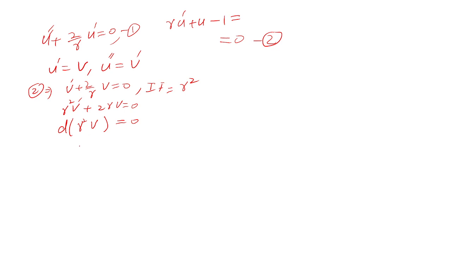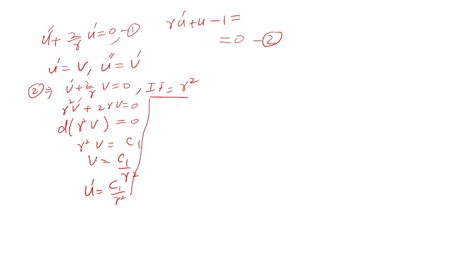So integrating, we have r square v is equal to some constant c1. So v is equal to c1 over r square. Now v is equal to u dash, so u dash is equal to c1 by r square.